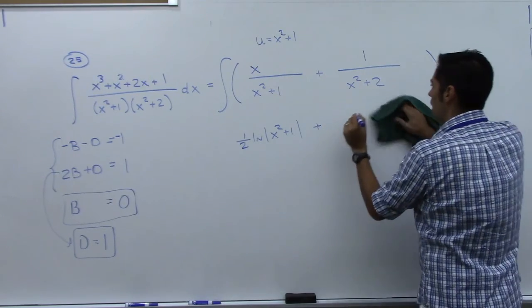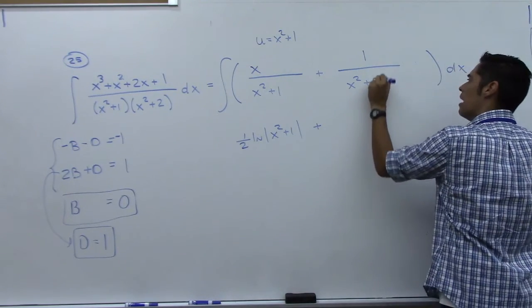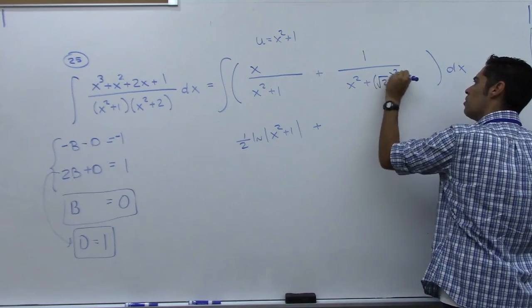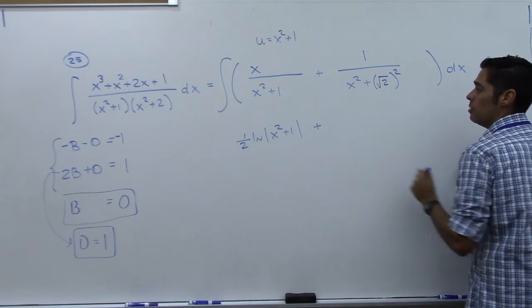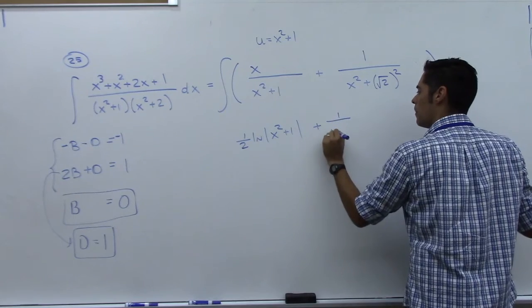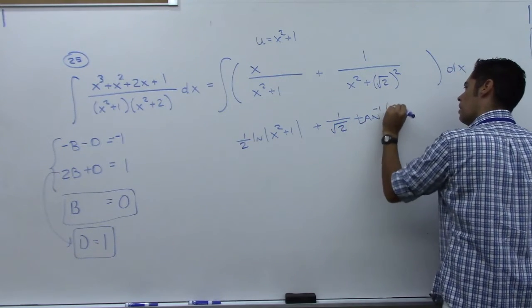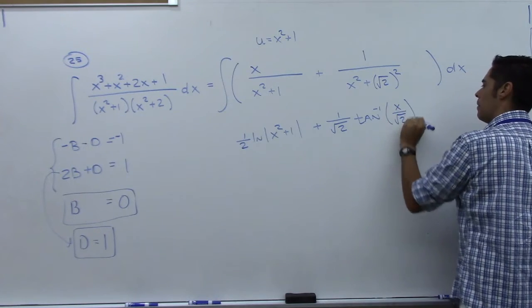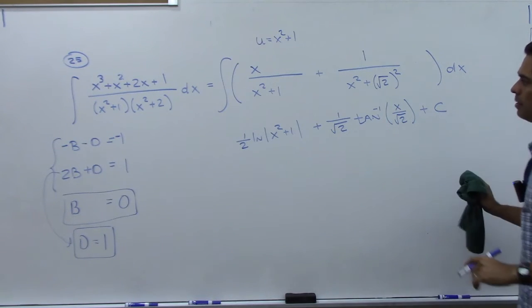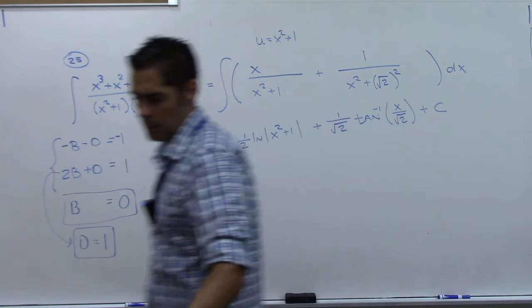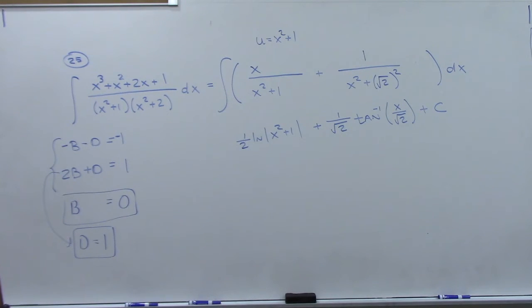Recognizing that this is our a squared, so we actually have root 2 squared, that's 2, so a is root 2. So the formula is 1 over a arctangent of x over a plus c. So that should be it. I'll double check it. 1 over root 2. Yep, okay.